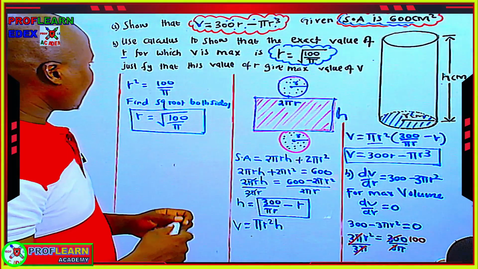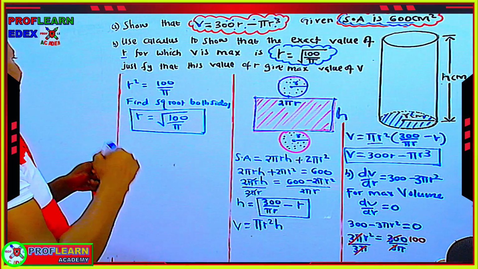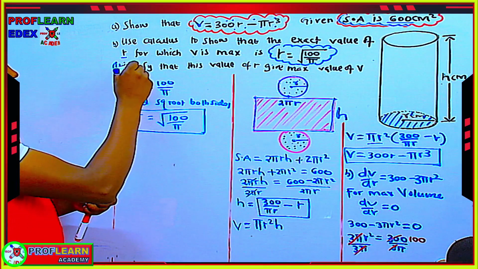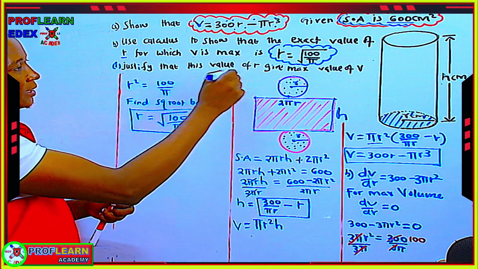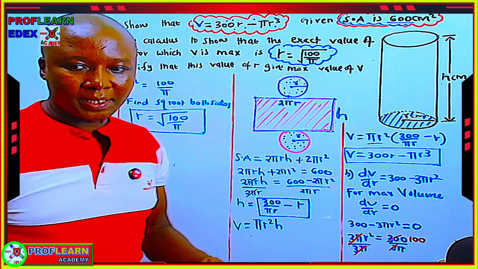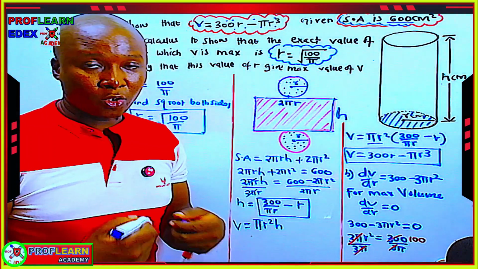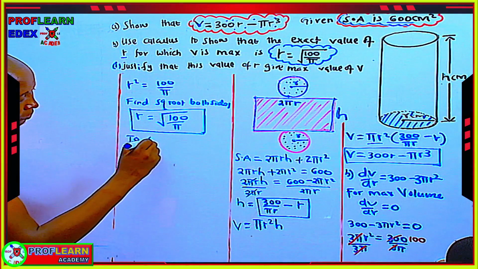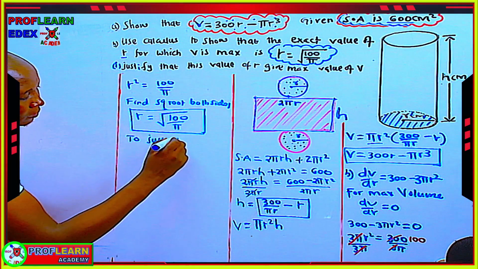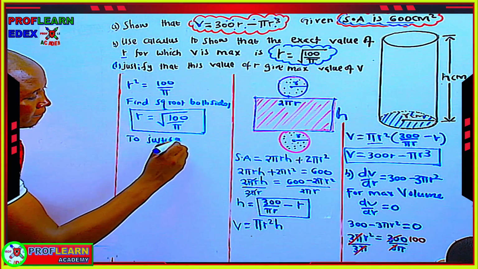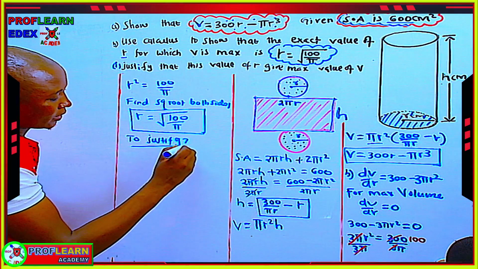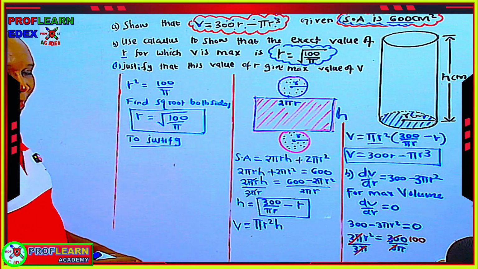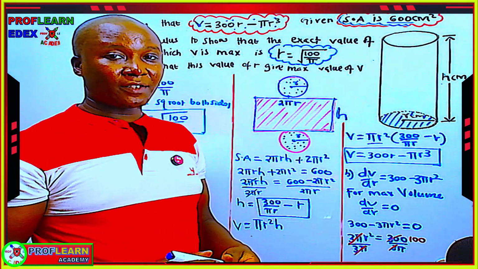Now we are supposed to justify that this value of r gives the maximum volume. How do you justify? In order to justify this, you need to find the second order derivative.